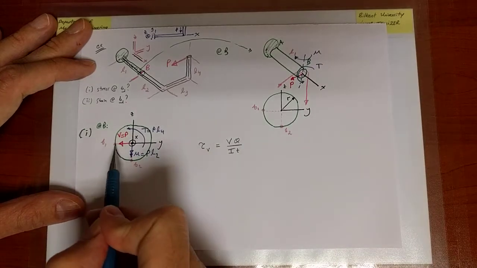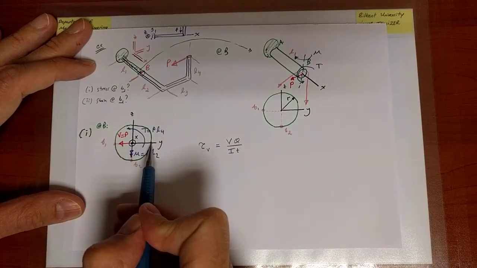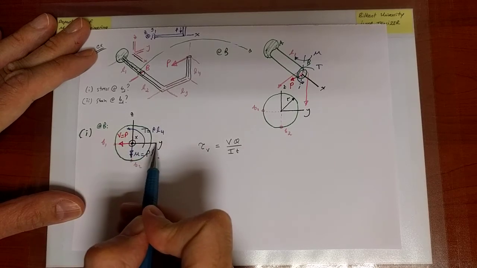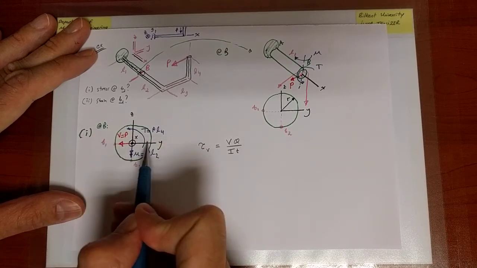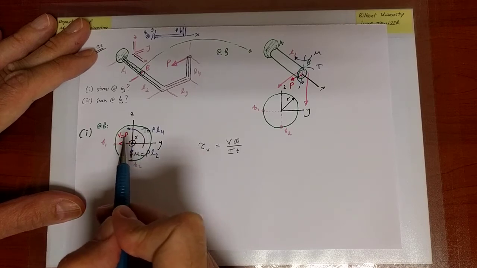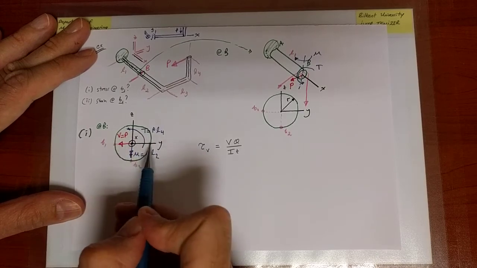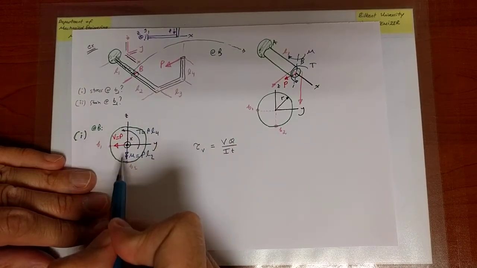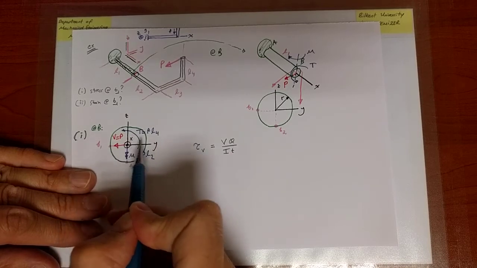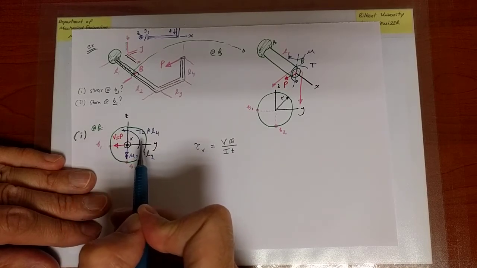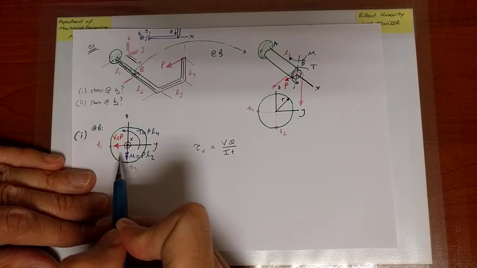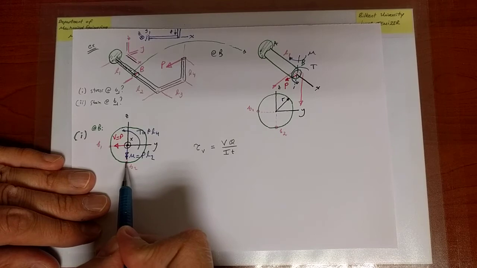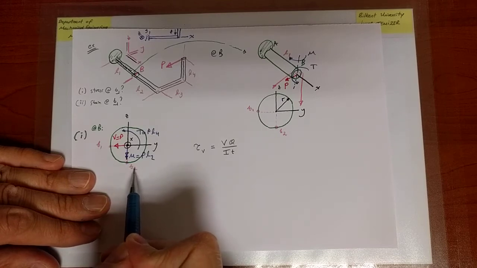So V is in that direction, and we remember that the transverse shear stress is 0 on one surface and goes to 0 on the other surface along the direction of the transverse shear force, and reaches a maximum value across the way, in fact right along the z-axis in this case, because it's a circular cross-section. So 0, then to maximum, back to 0. In other words, the transverse shear stress along z is a max. In other words, at B2 there is a value that I can calculate.